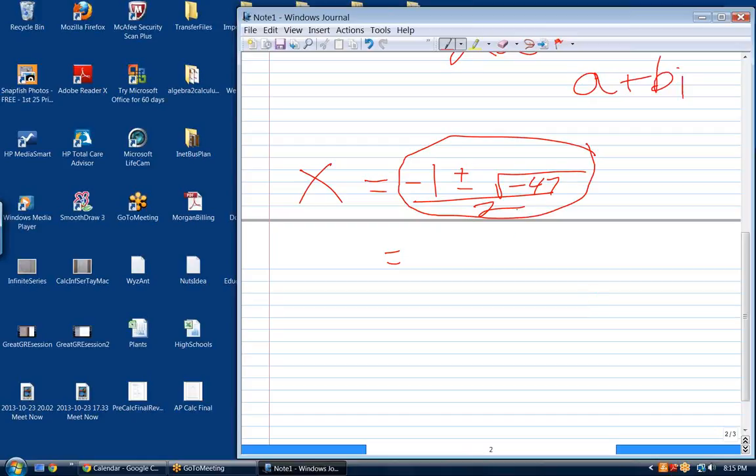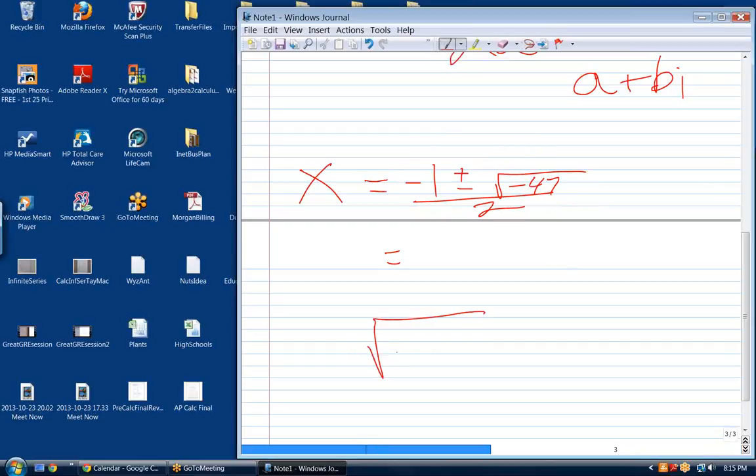So square root of negative 47 is equal to what? How can I write that in terms of i? The way to do it is this. Factor that.